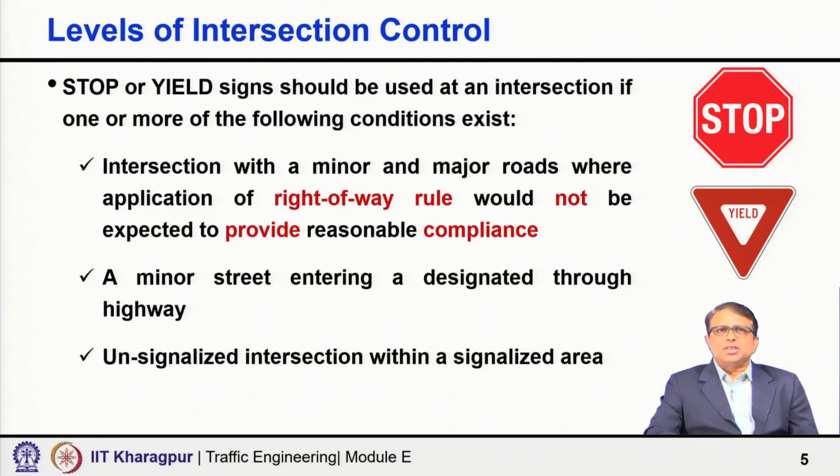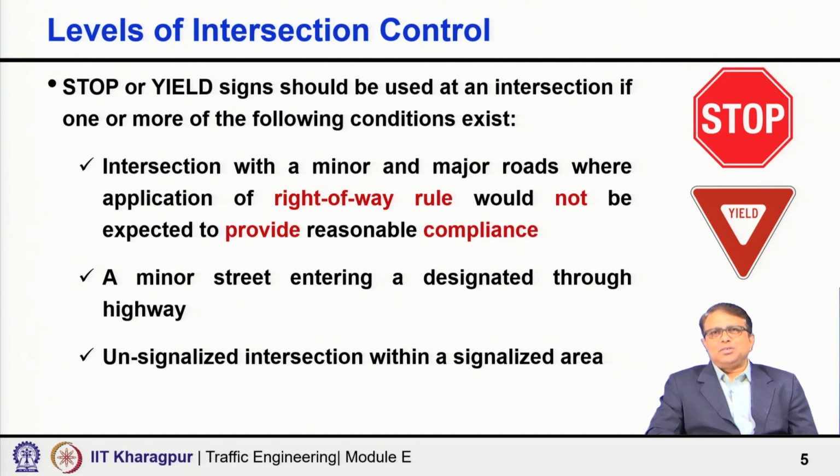First, intersections with minor and major roads, that means the priority is not the same. Priority is higher for certain movements on certain roads or approaches as compared to other approaches or movements. So, this is typically applicable for intersections with minor and major roads, where application of the right of way rule would not be expected to provide reasonable compliance.